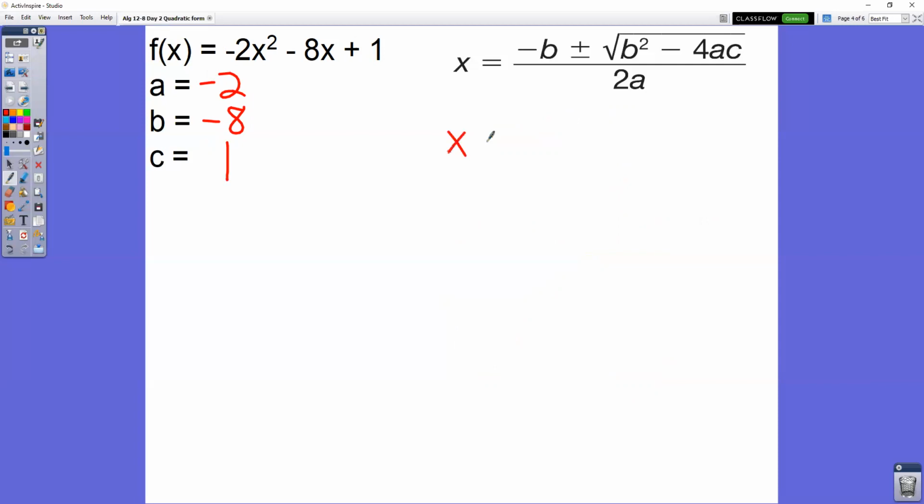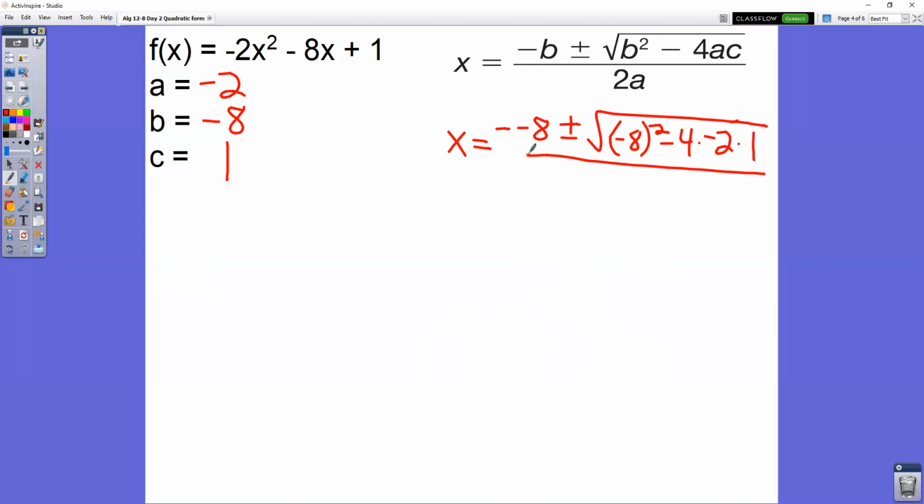So x equals negative of negative 8 plus or minus the square root of b squared, which is negative 8 squared, minus 4 times negative 2 times 1, all over 2 times a, which is 2 times negative 2. So we're just subbing those numbers in individually. The negative of negative 8 is positive 8.